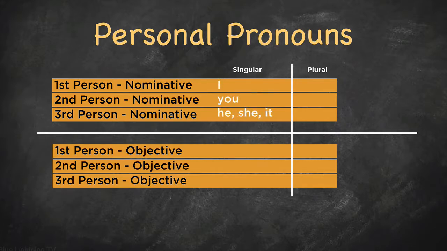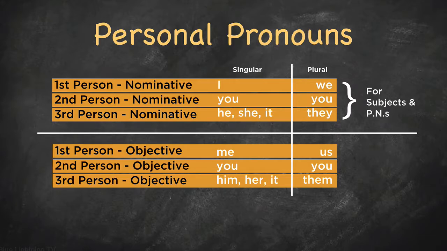The singular nominative pronouns are I, you, he, she, and it. The singular objective pronouns are me, you, him, her, and it. The plural nominative pronouns are we, you, they, and the plural objective pronouns are us, you, and them. The nominative pronouns are always used as either subjects or predicate nominatives. The objective pronouns are always used for direct objects, indirect objects, or objects of the preposition.